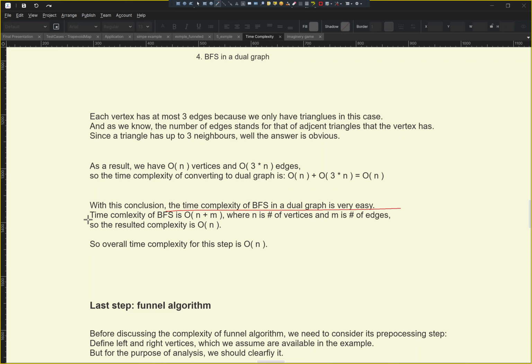As we know, generally speaking, the time complexity of a breadth first search is big O n plus m, where n is the number of vertices and m is the number of edges. So with the conclusion from before, the resulting time complexity for the whole step is big O n, which is linear.